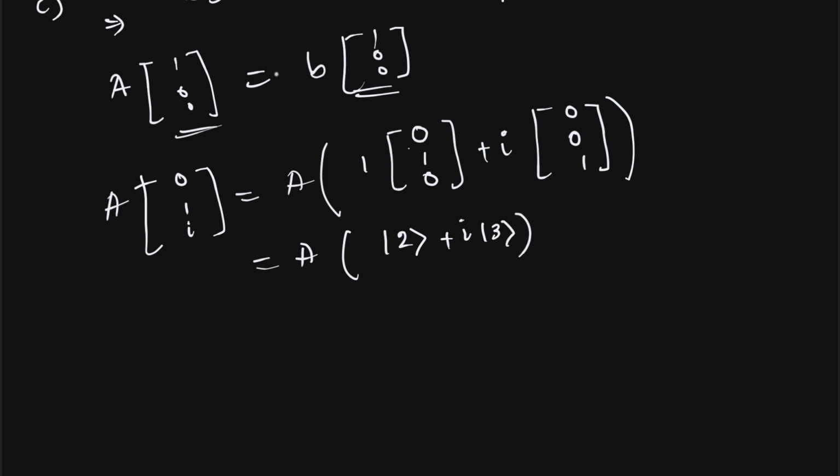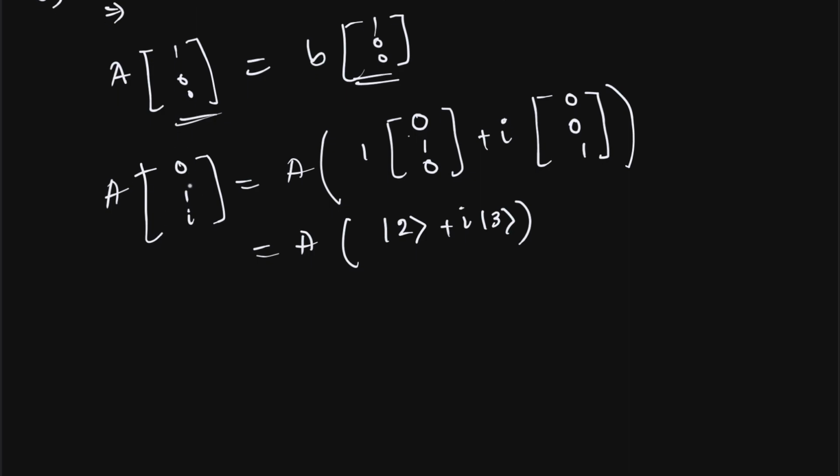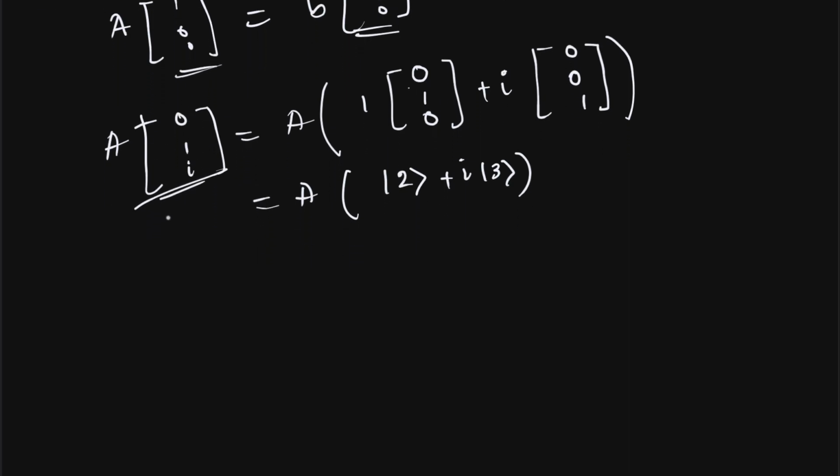Now after going through this step, let us normalize these eigenkets of the B. If we normalize, that means we have to divide by the square root of the sum of every element squared.